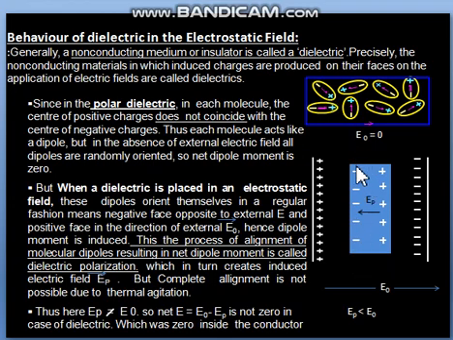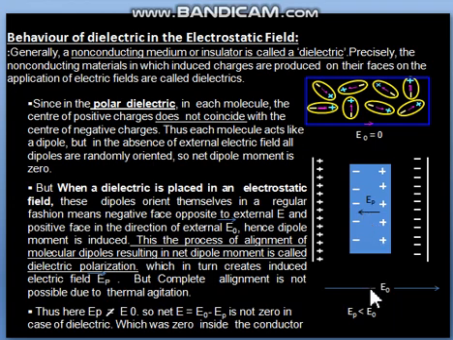Now these dipoles will be aligned properly, because the negative side of the dipole will accumulate in the opposite direction of the external electric field and the positive side will be aligned in the direction of the external field. This way the polarized electric field will also be developed here, like it was developed in case of a conductor.